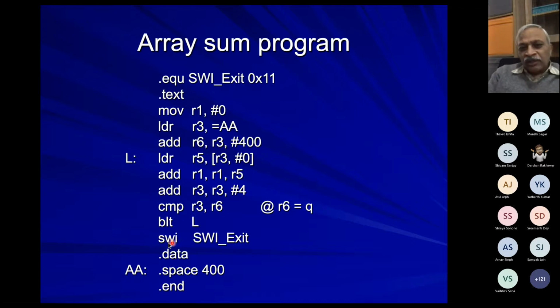This is actually an instruction which causes the program to halt. And halting means that when you are simulating this program, the control goes back to the simulator. I'll come to the SWI instruction in a short time. This is used also for input output.